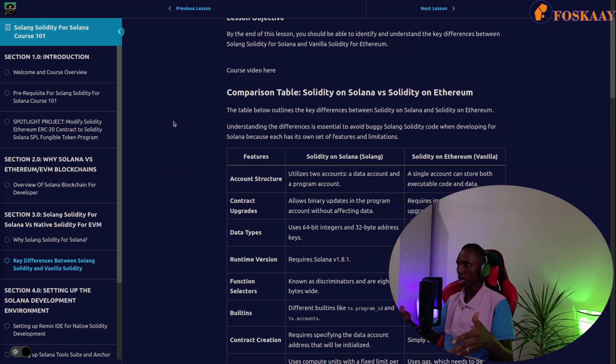You have the account for the executable program on its own, and you have the one for the non-executable. But on Ethereum, it's just a single smart contract, with the data, the bytecode, everything together. On Solana, when you are developing, you need to split your smart contract into two, the storage separate and the smart contract code separate. That's why you cannot just copy from Ethereum and paste it on Solana.